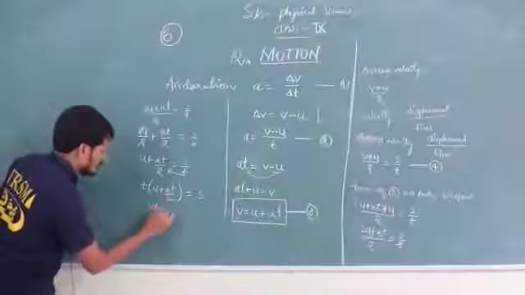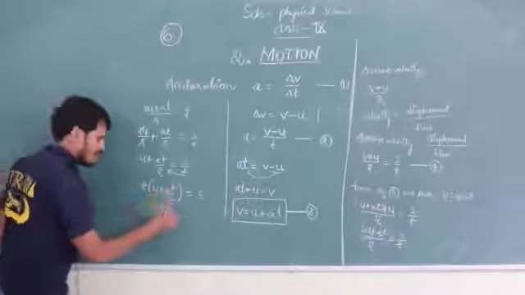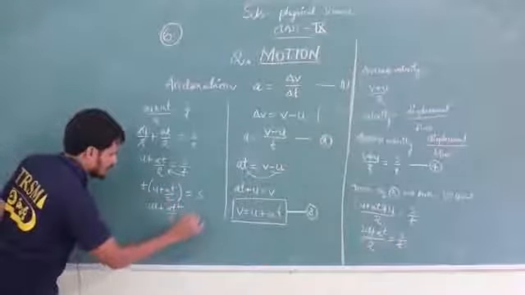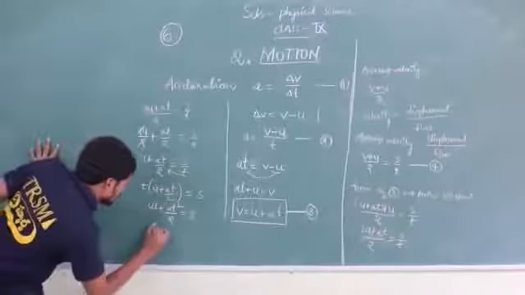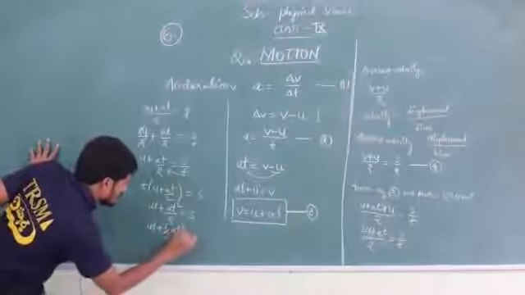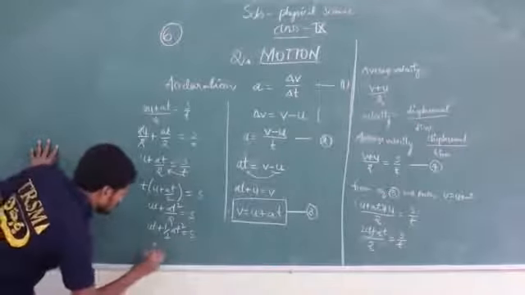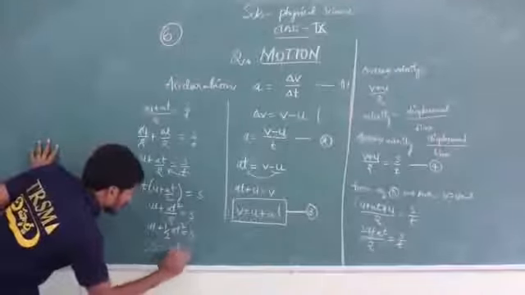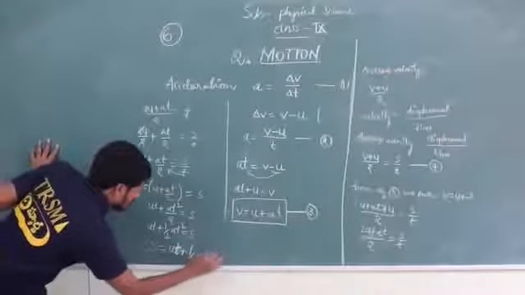So now multiply each factor here: u into t, ut, plus half at square, equals s. Therefore s is equal to ut plus half at square.